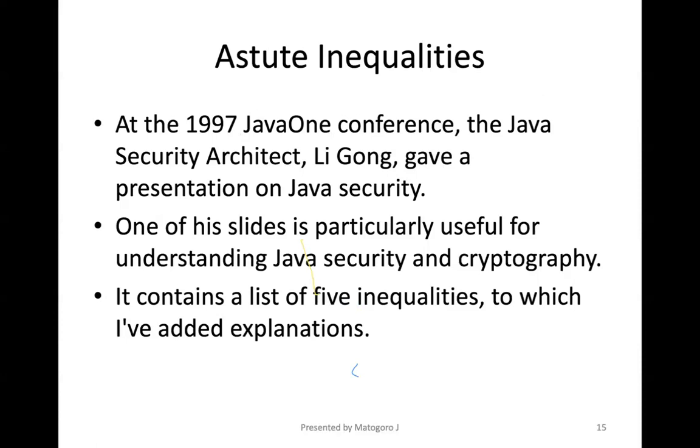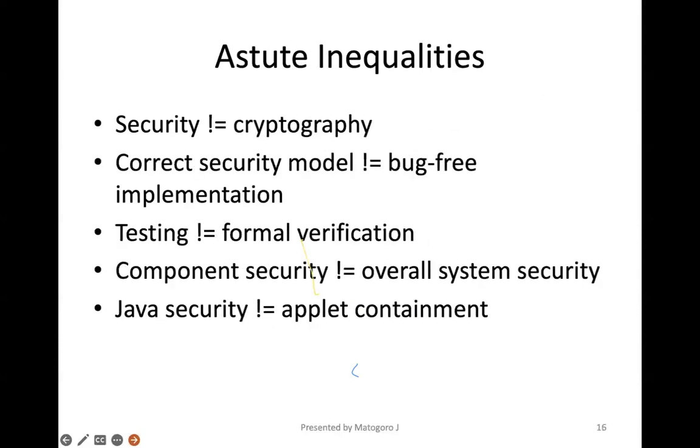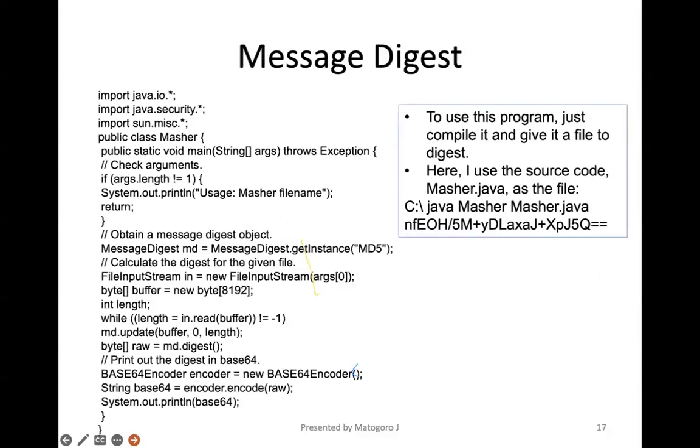It contains a list of five inequalities, to which I have added explanations. You can go through this, and at the end, you should be able to understand and implement these inequalities. In terms of the message digest, I gave a code here. I recommend you take this code and run it in your Java environment.